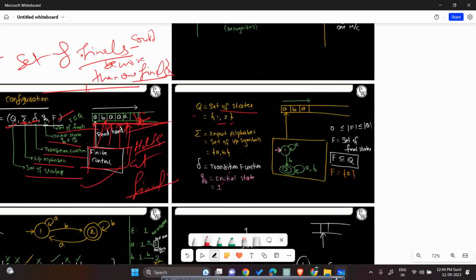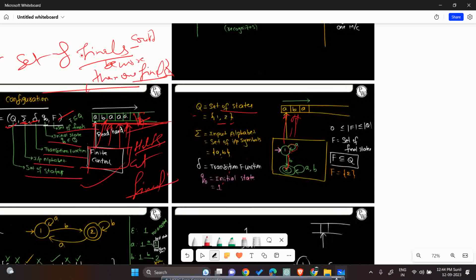First, this is the initial state. When the input is A and we are at the initial state, it will remain at the first state only. But when the input is B, the transition goes to state 2, which is the final state.